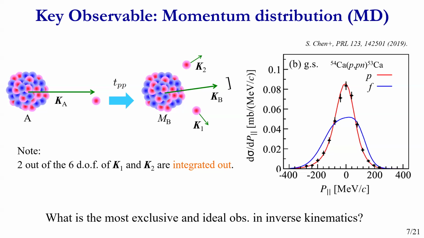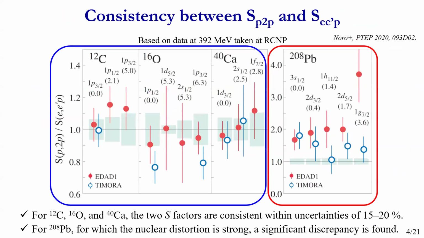Wilhelmina? As you are well aware, there's some controversy about the spectroscopic factors obtained from knockout on heavier targets versus the proton knockout. Your calibration of the proton knockout on E prime P is really nice work.